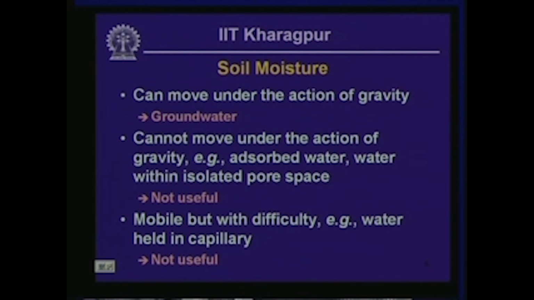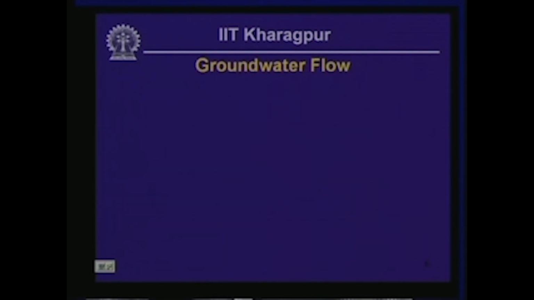And there is another portion of soil moisture that is relatively mobile, but held under strong capillary tension, and these last two components are not useful and therefore should not be considered as part of groundwater.